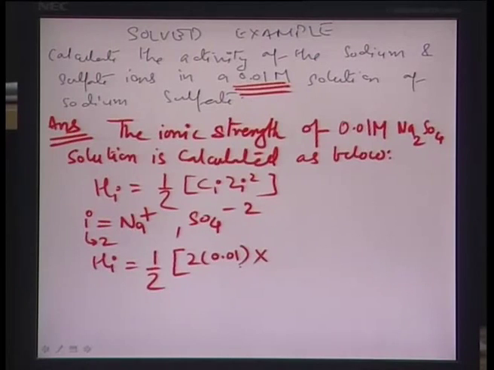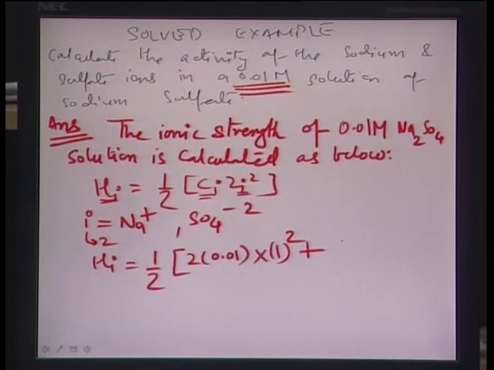So, the concentration times the square of the valency, which is +1 in case of sodium, plus, and this is essentially a summation term because it is cumulative of all the positive and negative charges. Now you have the concentration for SO4, which is only 1 in the molecule.